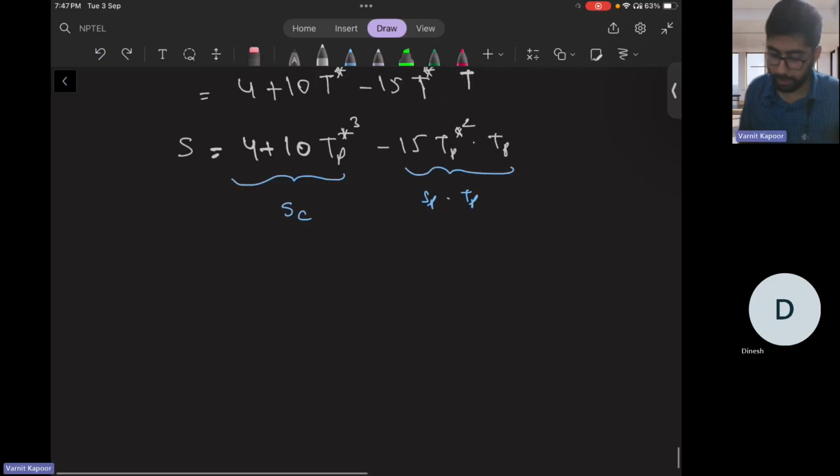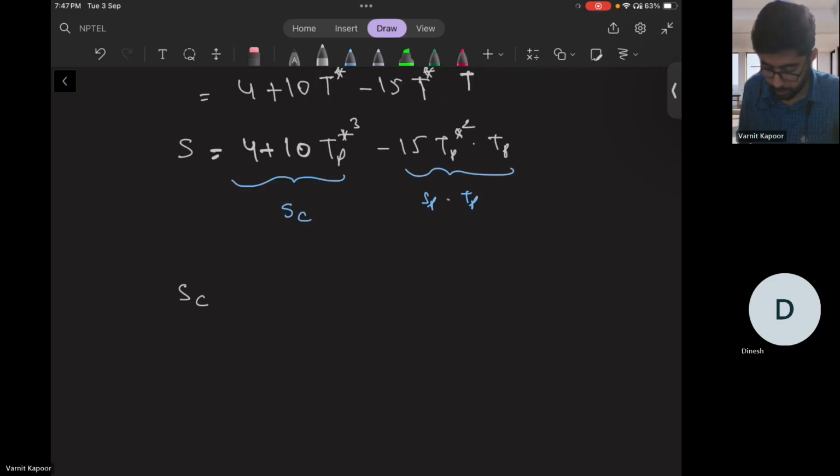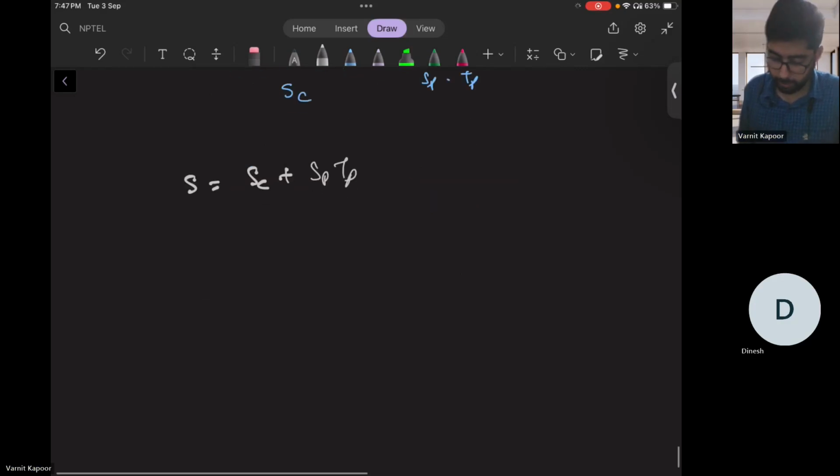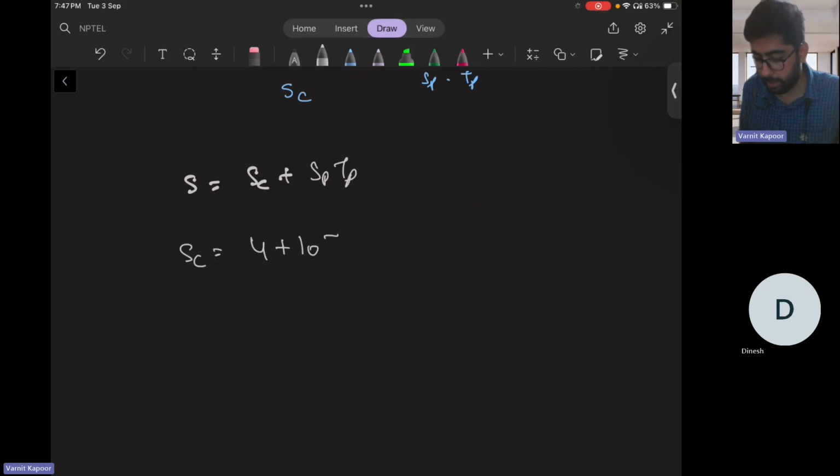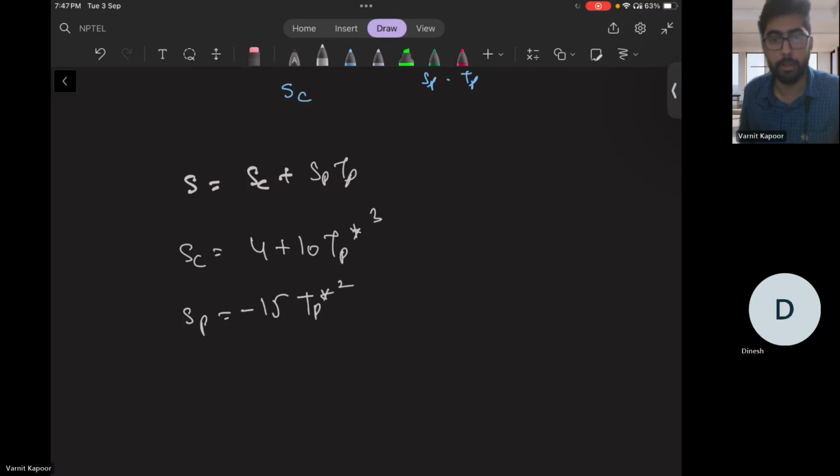All right. So how do we write that? S is nothing but SC plus SP TP, we used to write. SC is 4 plus 10 TP star cube and SP is nothing but minus 15 TP star square.